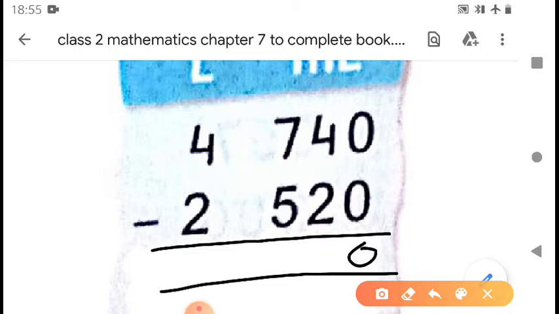This is 0. 4 minus 2 is 2. And 7 minus 5 is again 2. 4 minus 2 is again 2. So 4 liter 740 milliliter minus 2 liter 520 milliliter is equal to 2 liter 220 milliliter.